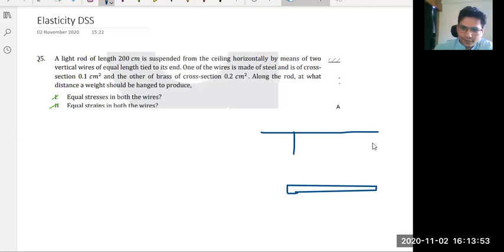This is the first wire, and this is the second wire, because it is suspended by 2 wires. This is of steel, and this is of brass. Cross section is given. Along the rod, at what distance should a weight be placed? Wait, everyone.